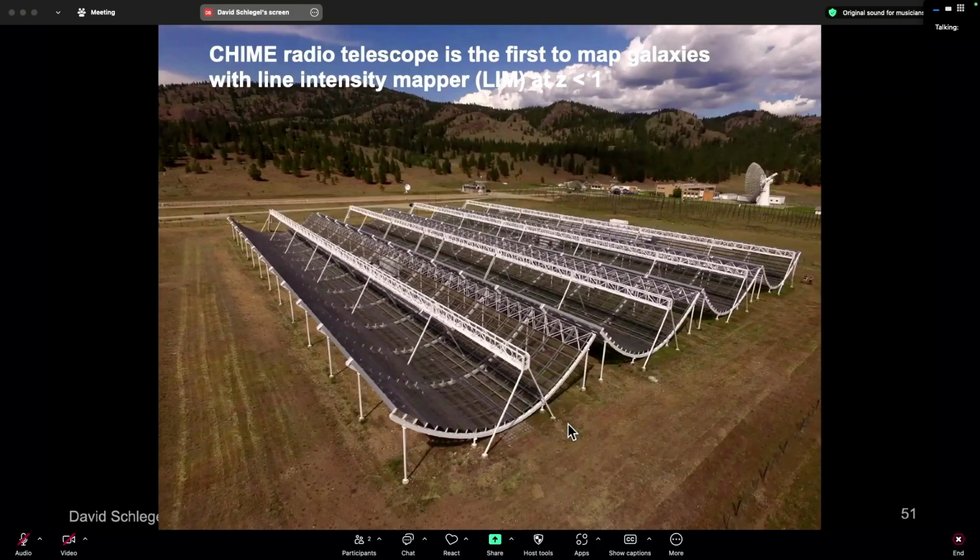You map it differently. The only telescope that's really detected the clustering properties of that neutral gas is this CHIME radio telescope. This is in Canada. So this is kind of an unusual radio telescope looking for a hydrogen spin flip transition.